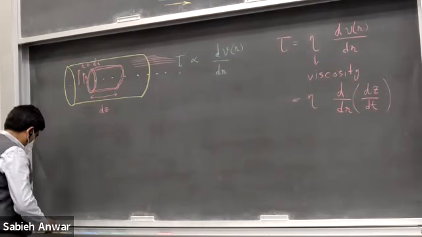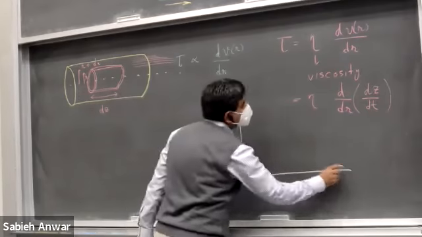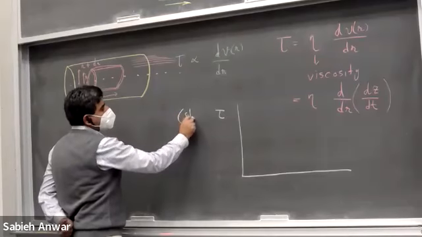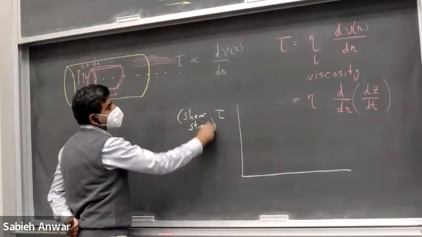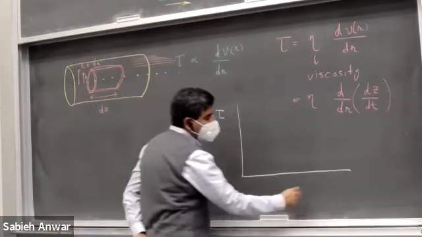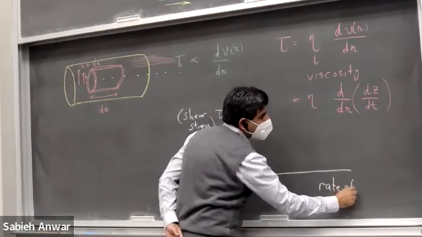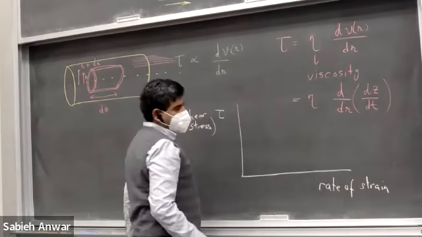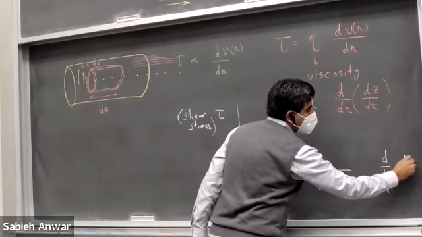All right, now if I were to plot a graph between tau, which is my shear stress, and my rate of strain, which is d by dr of dz by dt.